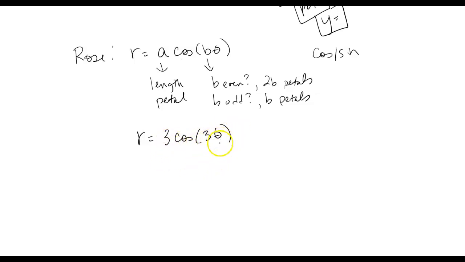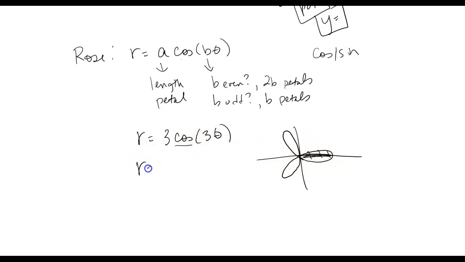Well, what I would do is I would look at how many petals and I would look at cosine, because cosine typically starts on the positive x-axis. And what I would try to make happen is I would make 3 petals happen at a length of 3. So I'm guessing it's going to look something like this. And I don't have a calculator to check. I could plug in points to see if that's right, but that's my guess.